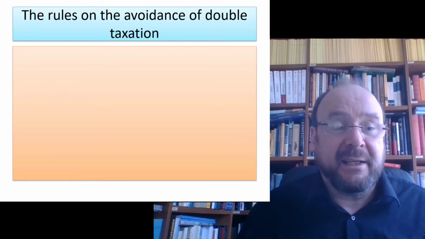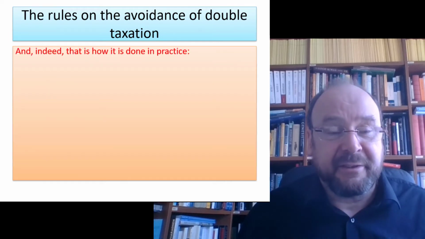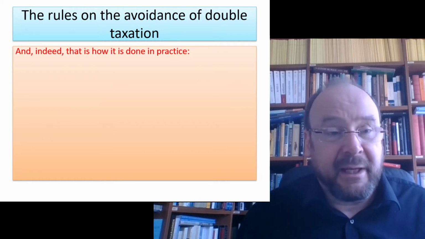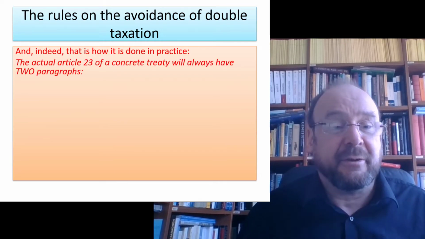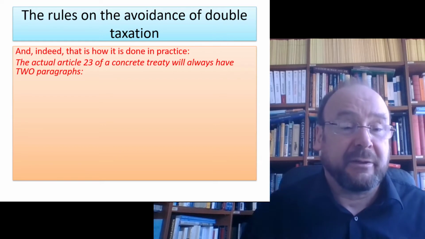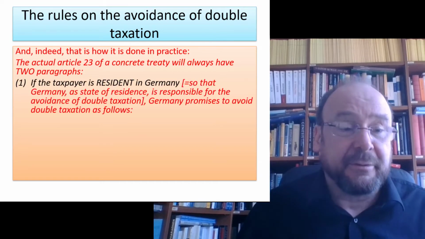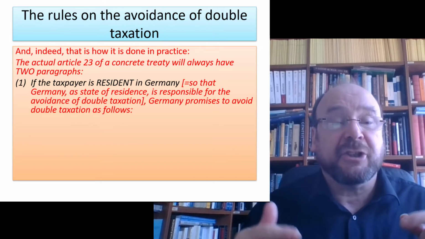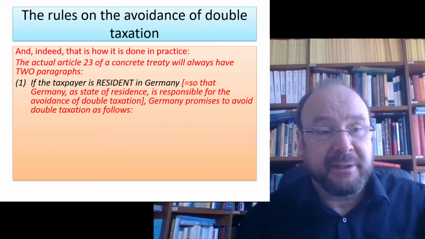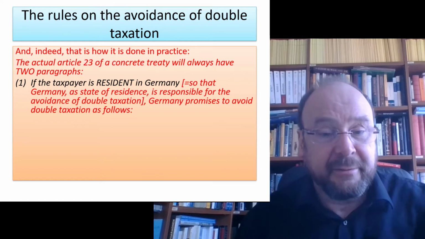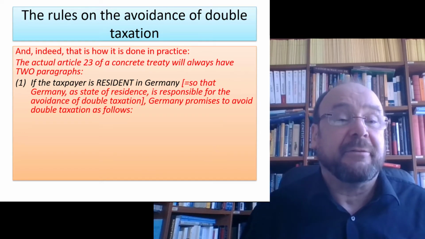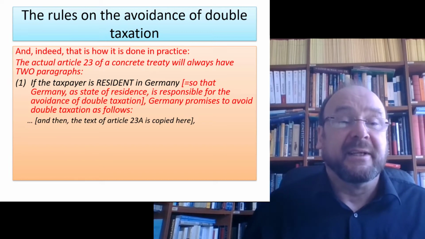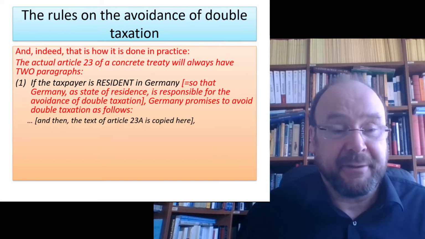So in a concrete double taxation treaty, that's exactly how it is always done in practice. The actual Article 23 of a concrete treaty will always have two paragraphs. The first will be, for example: if the taxpayer is a resident of Germany, so that Germany is responsible for taking measures against double taxation, then Germany promises to avoid double taxation as follows, and then Germany copies the promises laid down in the A variant.